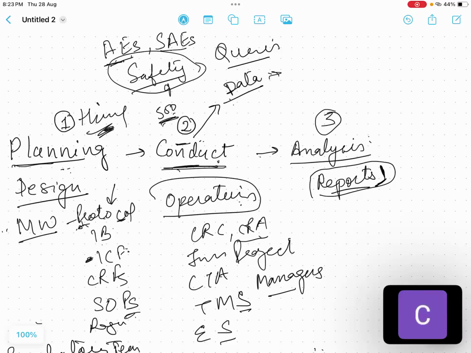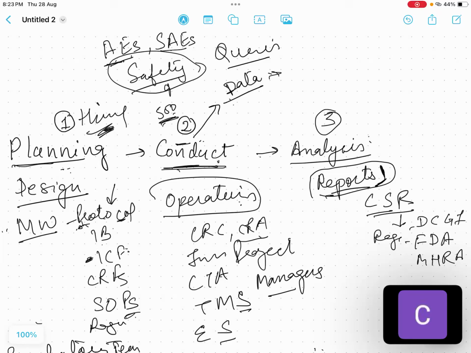We have to report. It is just like when we were in 12th or in any class, we have done our whole session, we have given exams. Now the report card will tell our status. That is all. And this CSR, clinical study report, is going to be submitted to all the regulatory bodies, like in India DCGI, in the US FDA, in the UK MHRA, for example.